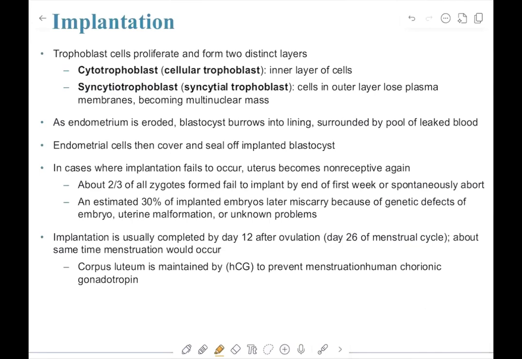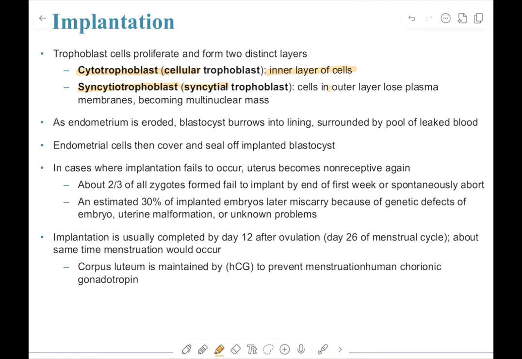As we already saw, the trophoblast cells start to grow, forming two distinct layers. The cytotrophoblast, and that's more on the cellular side, the inner layer of cells, whereas the syncytiotrophoblast is what invades the uterus.